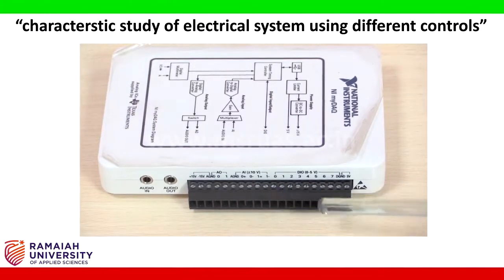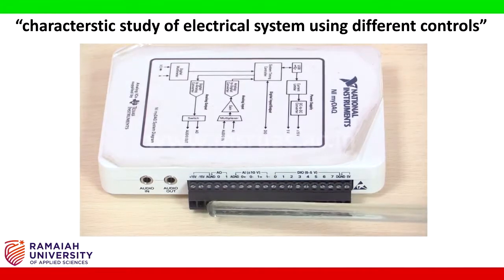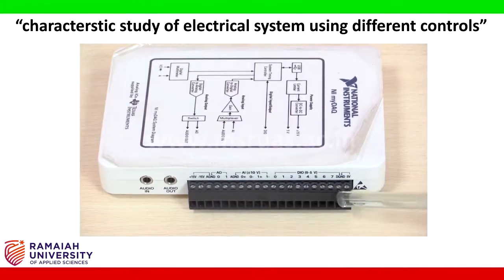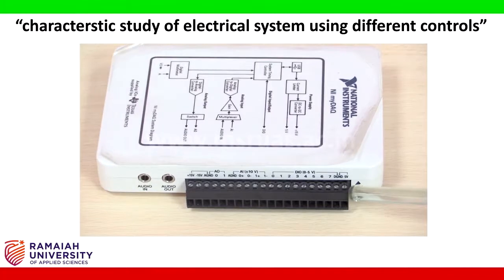This also has a provision to give a power supply to your external system, like plus or minus 15 volts to operate your op-amp output voltages, as well as 5 volts for the digital output or to power your sensors too.